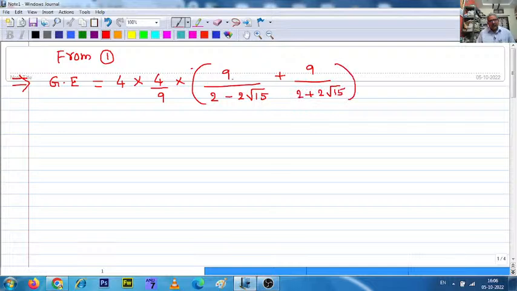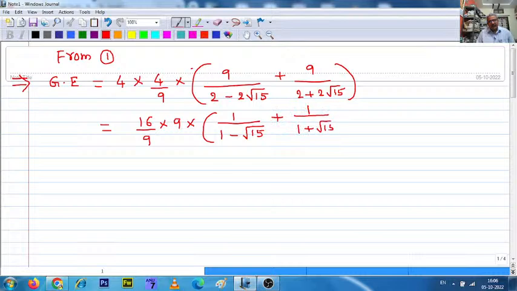So 9 by 2 you can take out common, we have 16 upon 9, and 9 common, we have 1 upon 1 minus root 15 plus 1 upon 1 plus root 15. Okay, 9 gets cancelled, we have 16 times, here LCM is 1 minus root 15 and 1 plus root 15, that will be how much you will be getting.